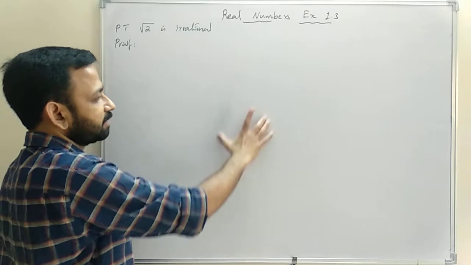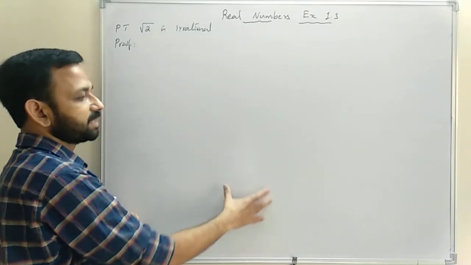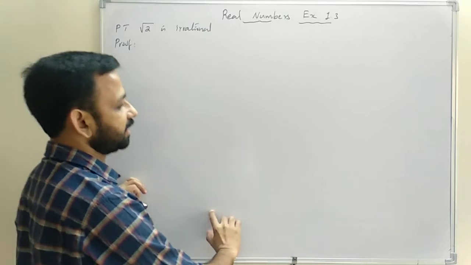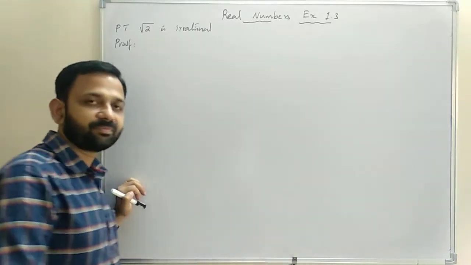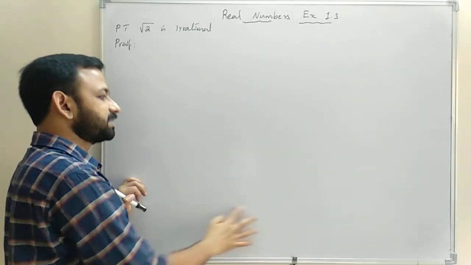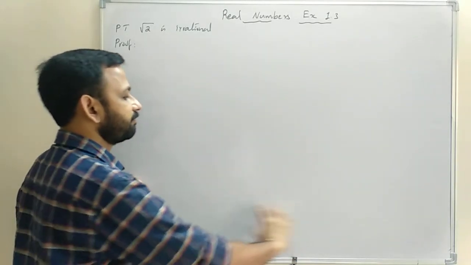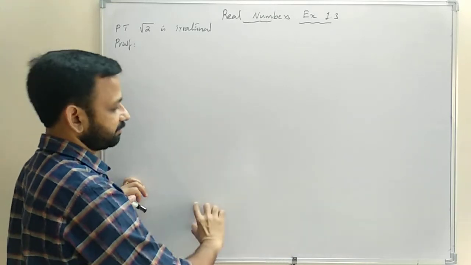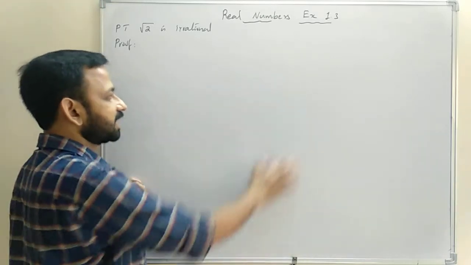All the steps are mathematically correct. Then at the end we get a contradiction. All the steps are correct, but we get one contradiction.